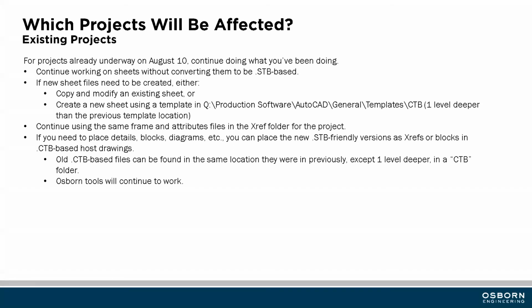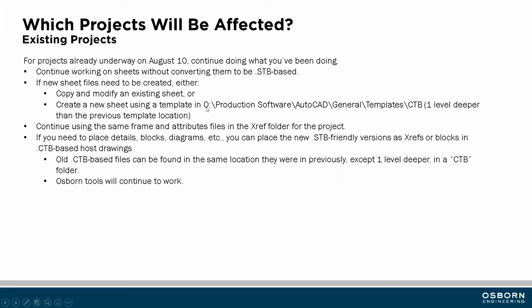If you need to create new sheets in an ongoing project, then you should either copy and modify some existing sheet that's already set up for the CTBs, or you can also create a new sheet, but the template that you'll use to create the sheet is going to be located one level deeper.